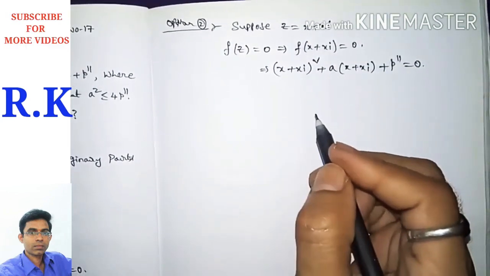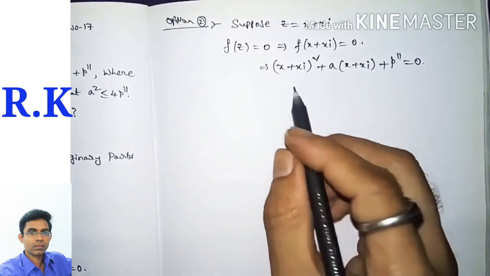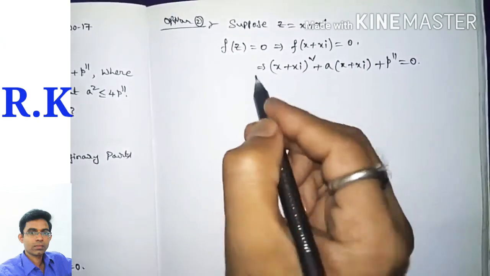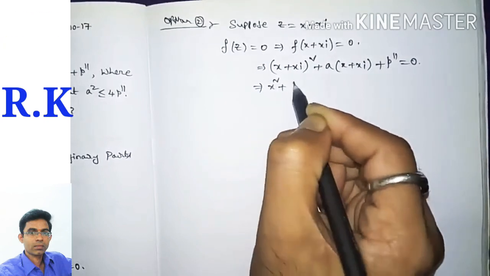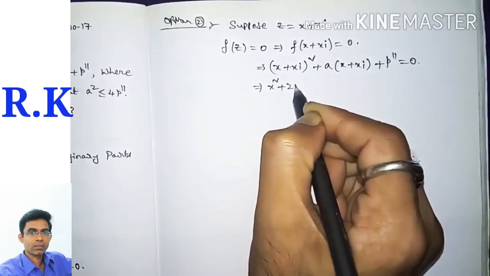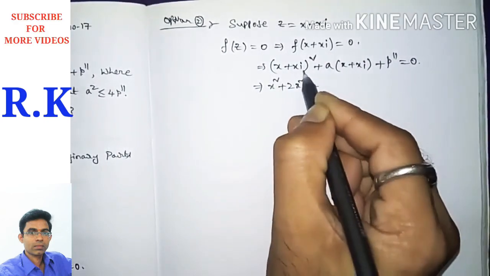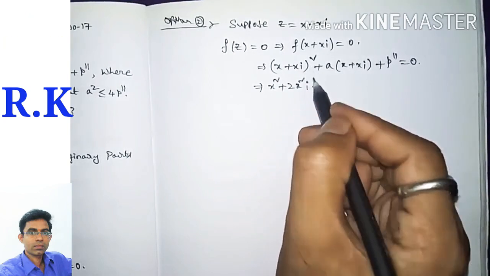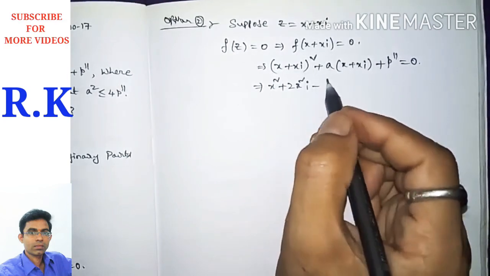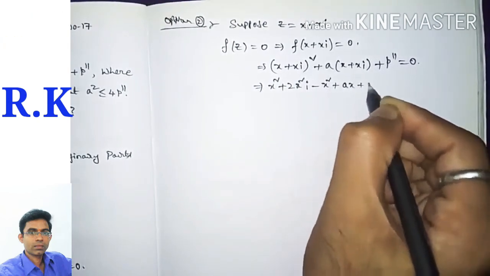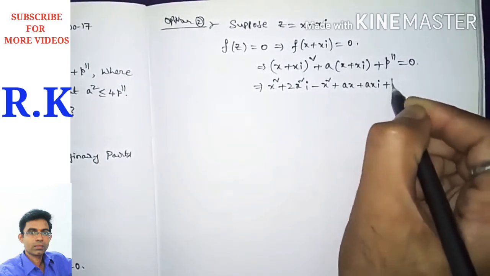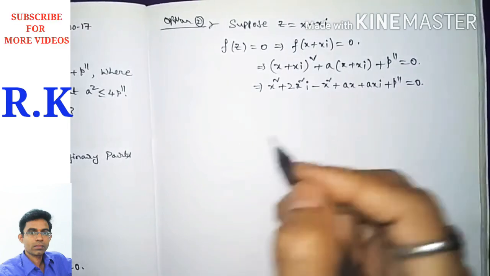Now we have to simplify this one. So by expanding the square of a plus b, this can be written as x square plus 2x square i minus, here i square value is minus 1. So this is minus x square plus ax plus axi plus p to the power 11 is equal to 0.